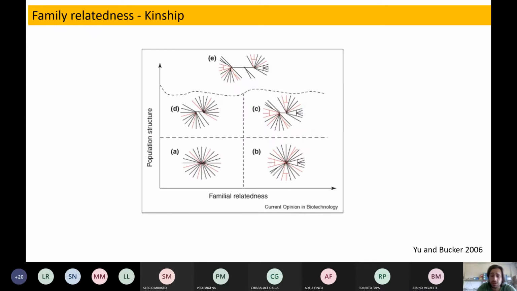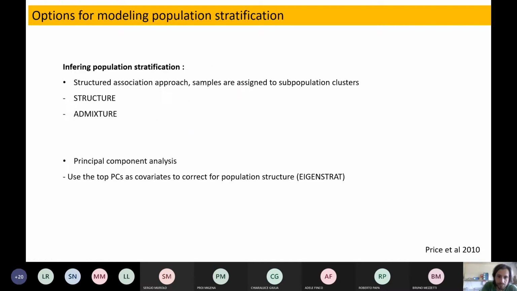But not only population structure occurs, we also have family relatedness or kinship. Here, as reported in this paper, we can pass from a panmictic population with no structure and no family relatedness, moving toward a more structured and complex population where population structure and kinship occur.